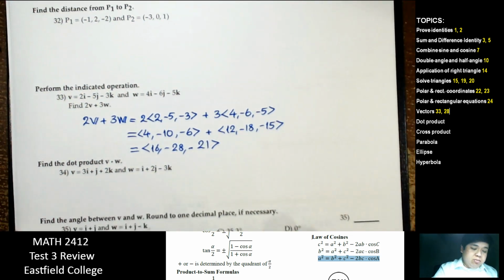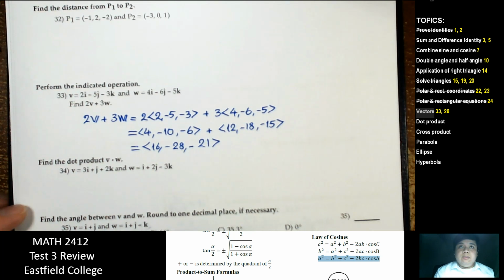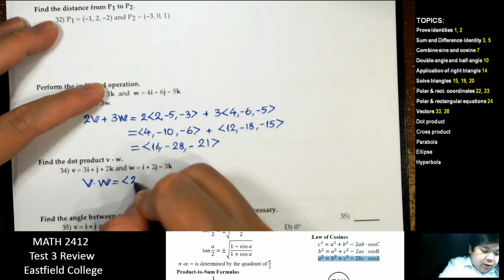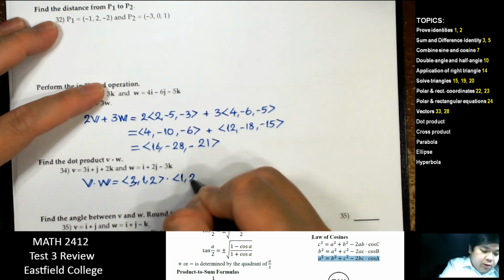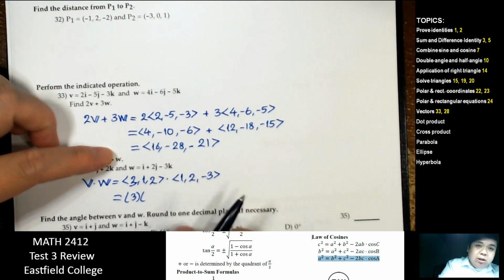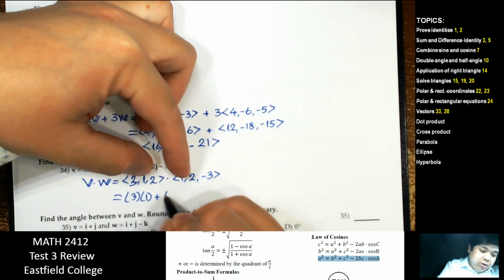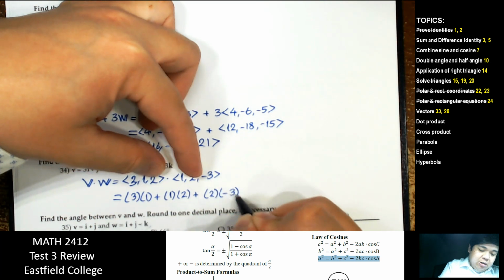Next, let's do a dot product. So we just multiply the first with the first, add the second with the second, and then the last with the last.